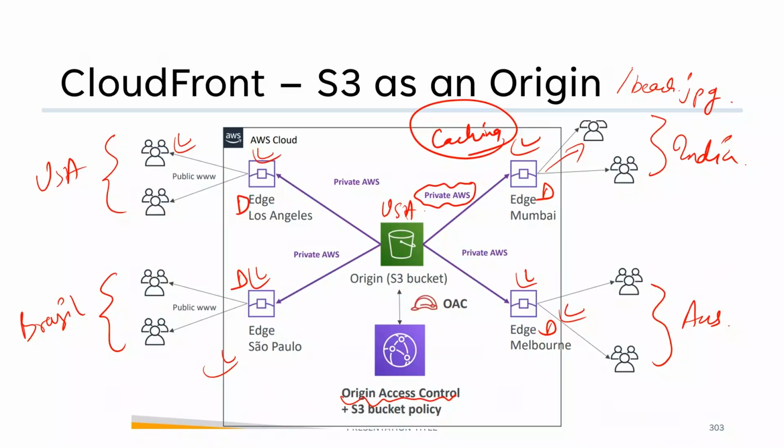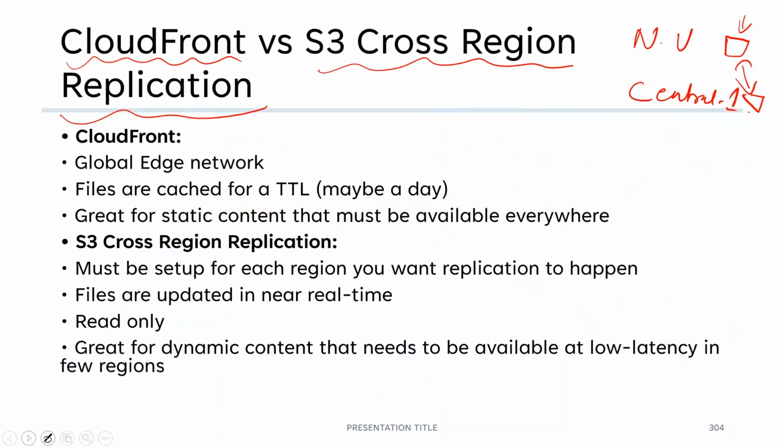If that comes to your mind, then you are going in the right direction, because creating so many buckets and storing the same data across all of them is going to charge you a lot more, right? And also a lot of data redundancy will happen, which is not good. So if you want some kind of CDN service or content delivery service, please go for CloudFront.